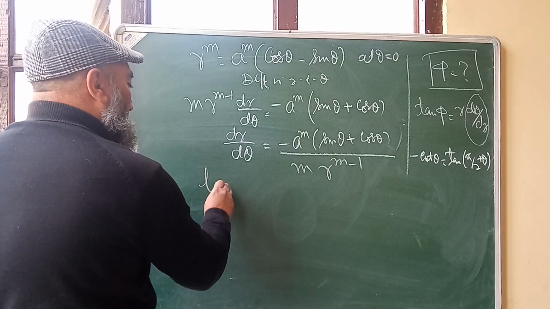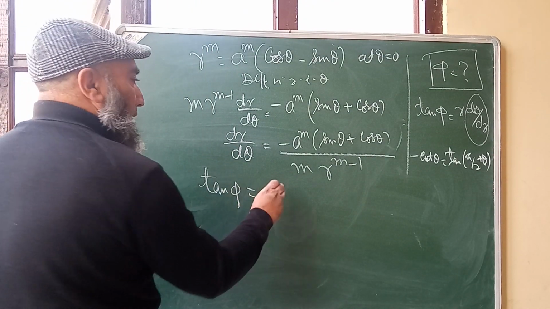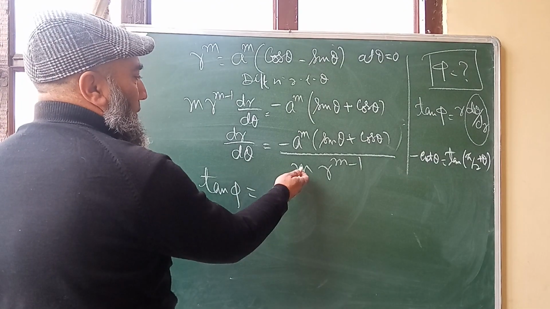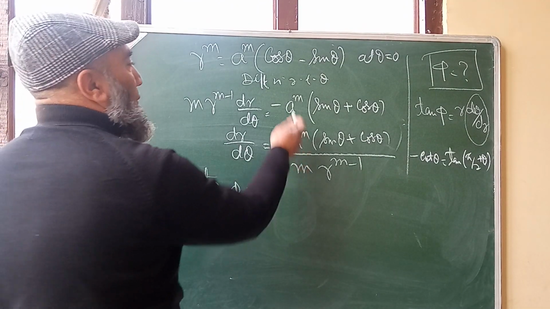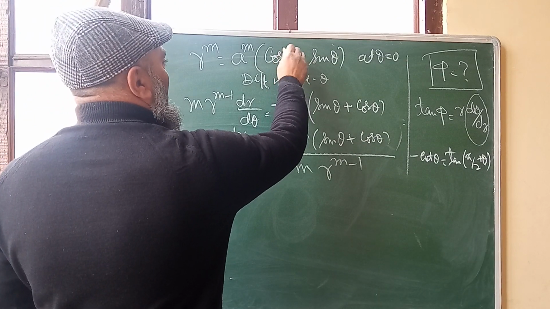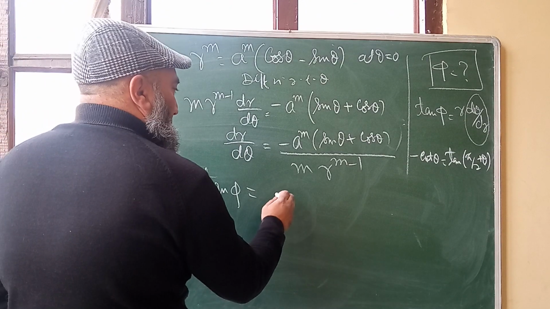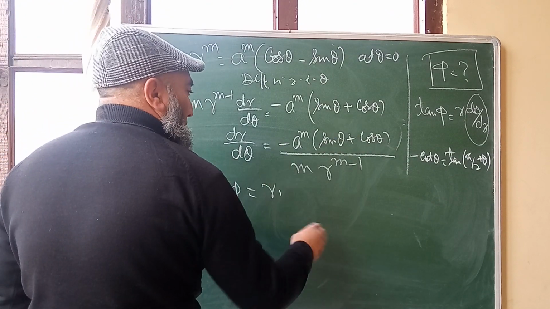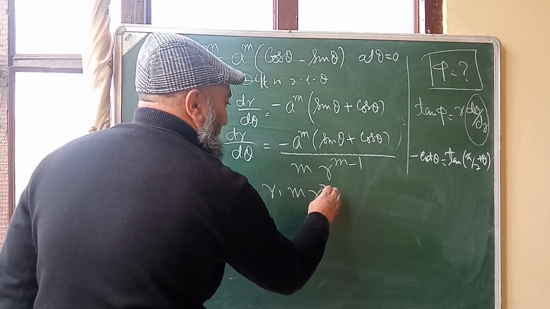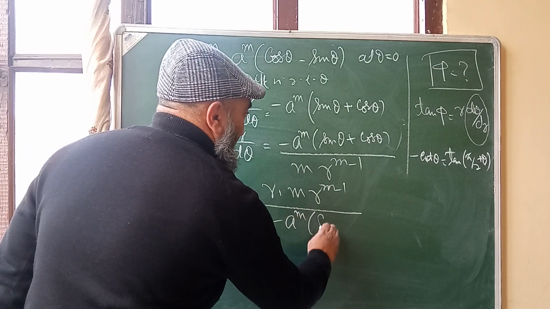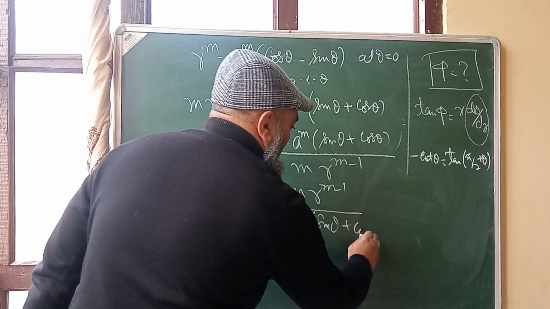Now what is tan phi? It is r d theta by dr, which is r times m r to the power m minus 1 divided by minus a to the power m times sine theta plus cos theta.